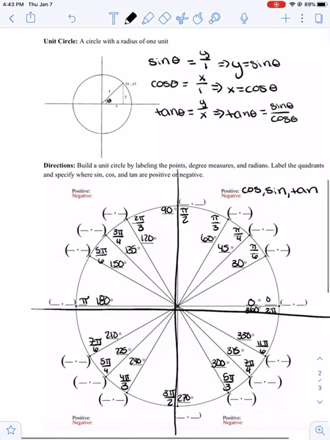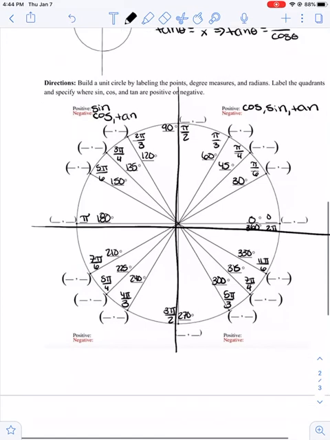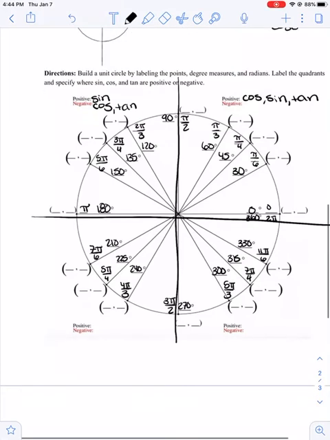All right, the next one. Let's think again. Our y is still positive, so that's sine. Our x is now negative, which is cosine. And then a positive divided by a negative is negative. So tangent would be negative. All right. Now both x and y, so sine and cosine, are negative.